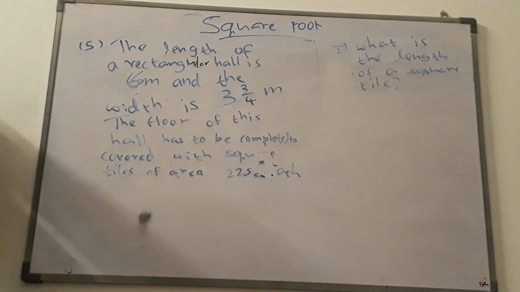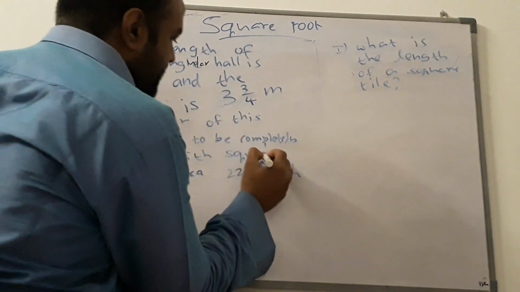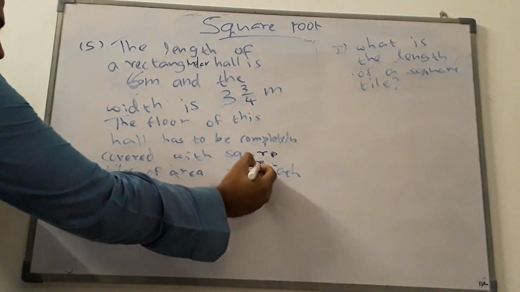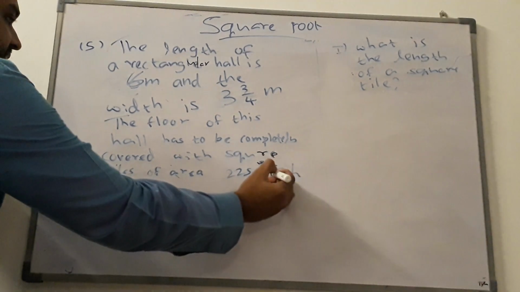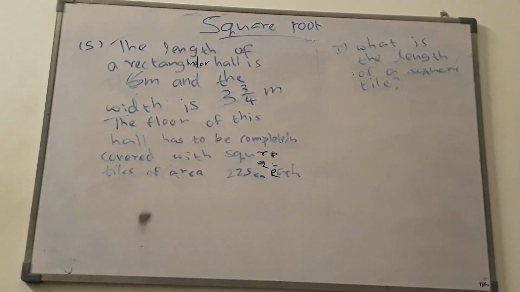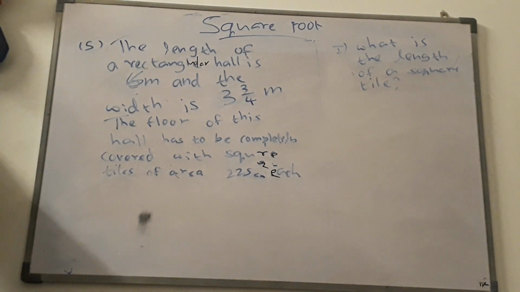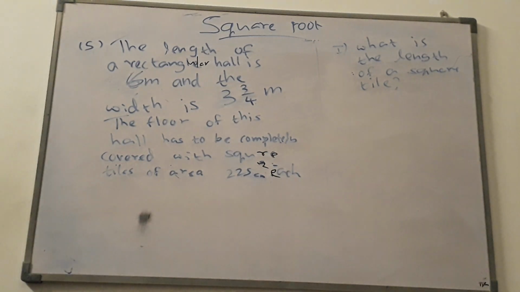The floor of this hall has to be completely covered with square tiles of area 225 centimeters square each.